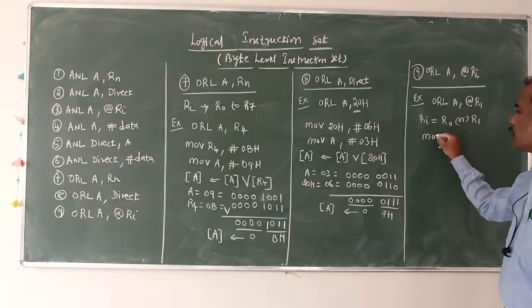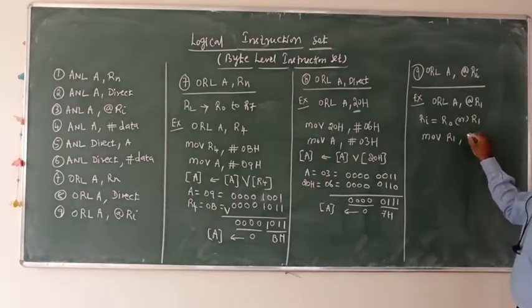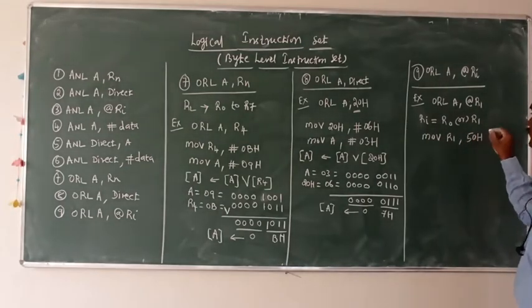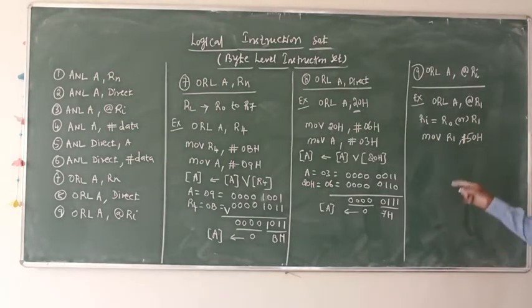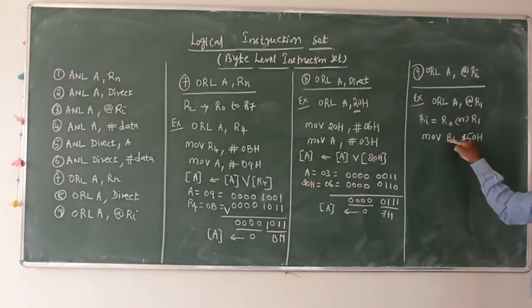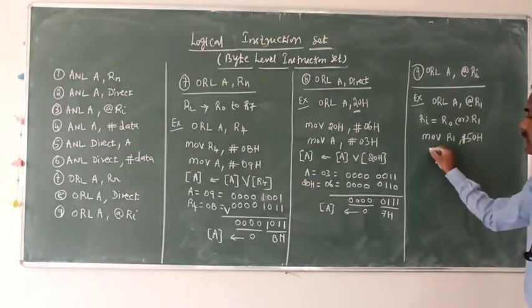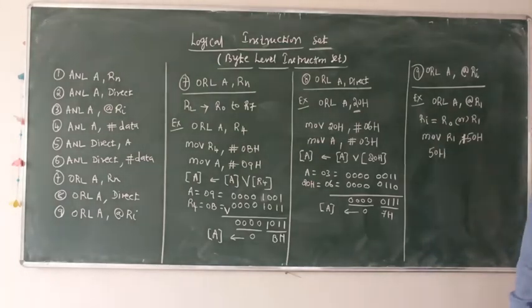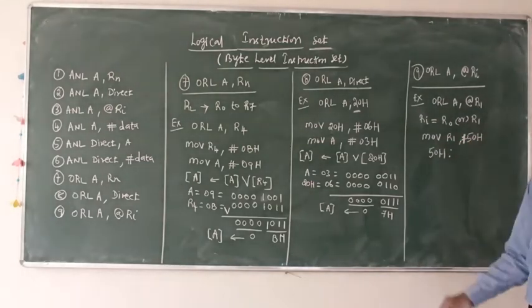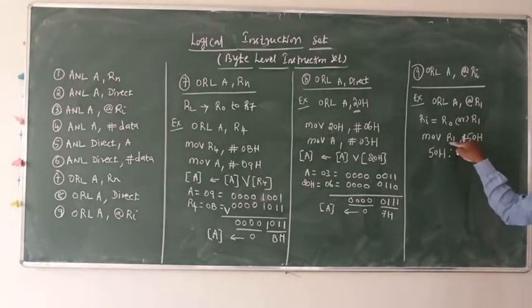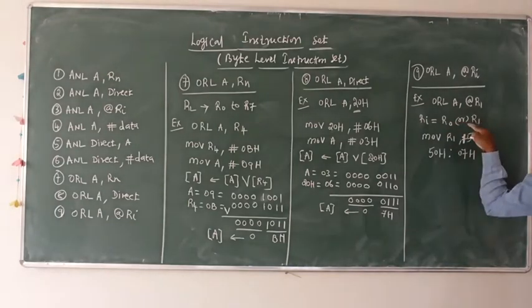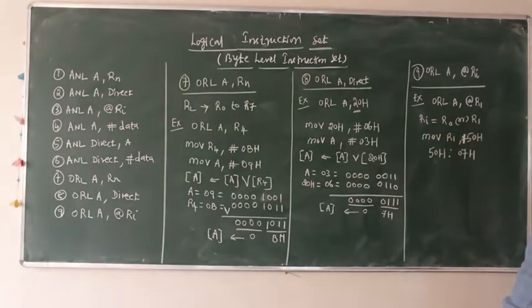For that, we can use MOV R1, #50H. The 50H is immediately moved to the R1 register. Now in this memory address location, that is address 50H, the data is 07. Data will be available in memory, and the memory address will be in an internal register. Internal register means we have to initialize only these two registers, not some other register.